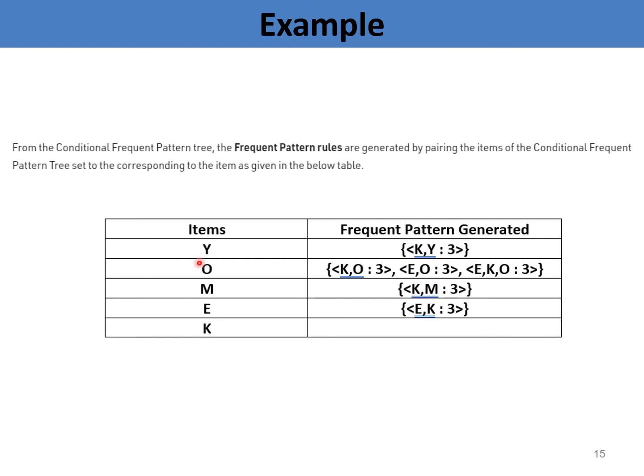So K is paired with Y, and frequent pattern rules are generated. So KY with support 3. Next is KE. So KE is paired with O to generate frequent pattern rules. So KO, in the same way EO, and then KEO is with support 3. In the same way, the rest are also generated.